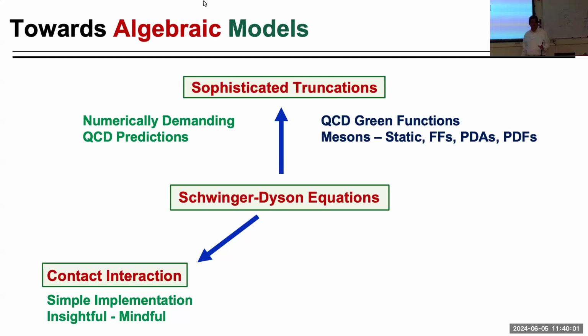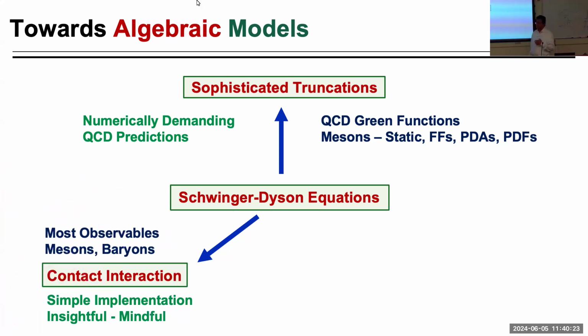Now, the good thing is that it's so simple that you can compute a lot of things with it. You can probably compute most of the observables, static and dynamic, for mesons and baryons, but it doesn't run with the momentum scale, so it doesn't give you good results at all there. So it's more or less valid in the infrared region.